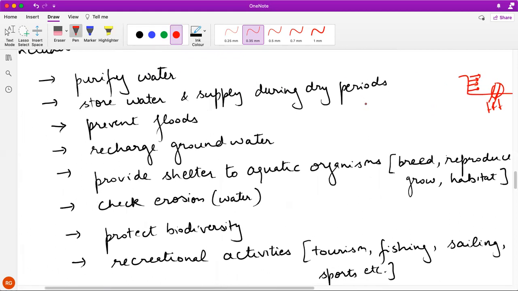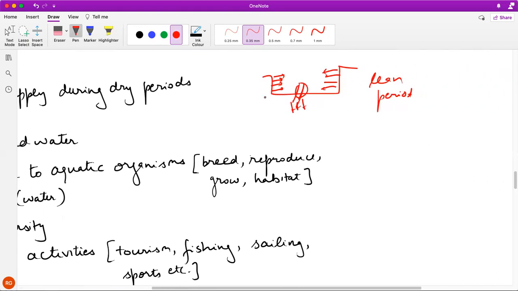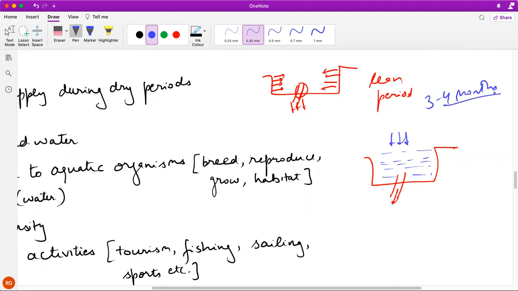Then they prevent floods. Usually, when river water level increases due to heavy rainfall, we experience 75 to 80% of annual rainfall within 3 to 4 months of the monsoon period.